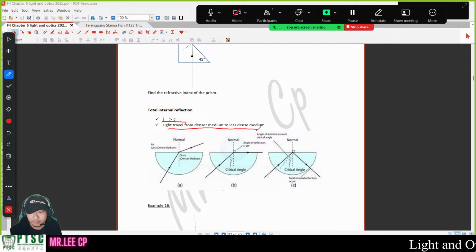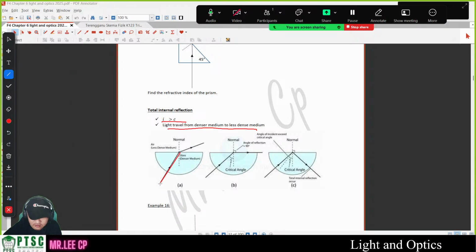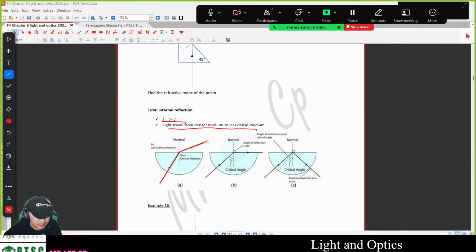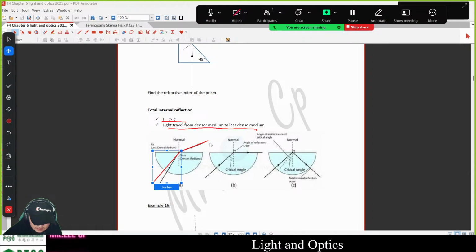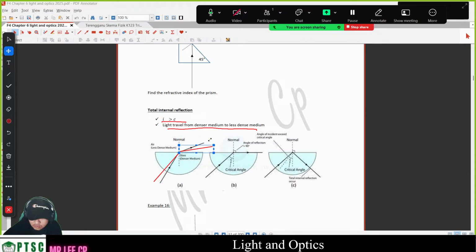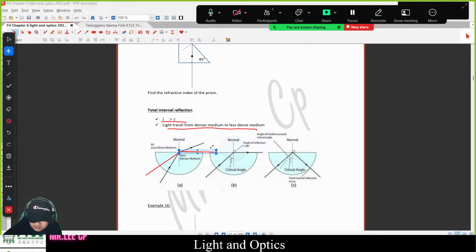Now, for example, how does it work? The light travels from here, and then you go away from the normal. But if you increase your incident angle, this one will go down. If you increase again until here, this one will come to here.